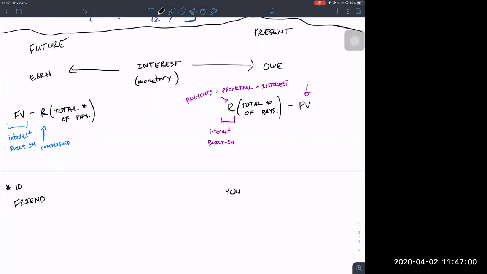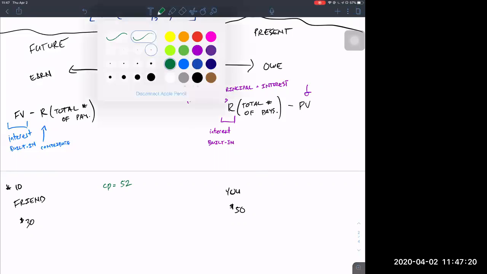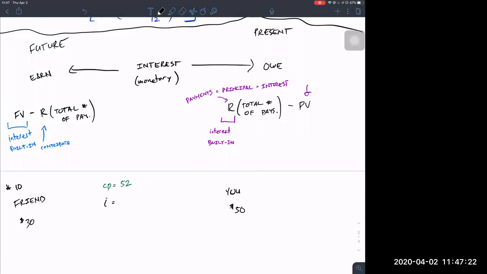It says that your friend can put away $30. You can put away $50. They tell you that the compound period is 52 because you're putting it both away each week. 4 7/8 is the percentage. Someone tell me what that is. 0.04 something 875.